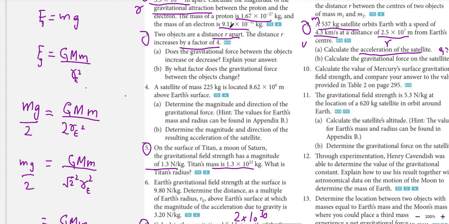Over here in the third question, there are two masses which are some distance apart, which we call r distance. Then we move them away from each other in such a way that the distance becomes 4r instead of r.